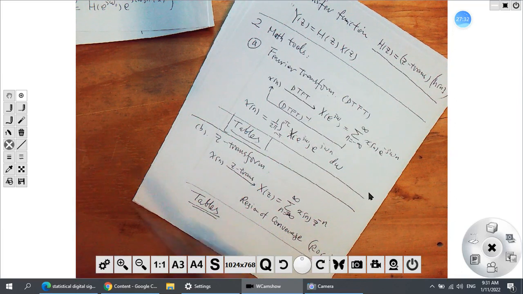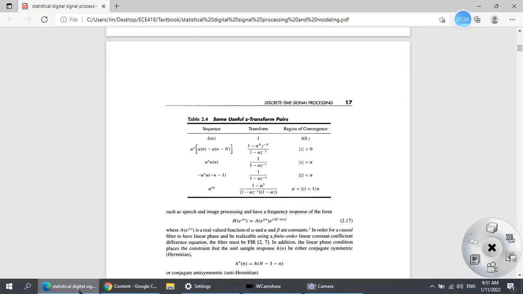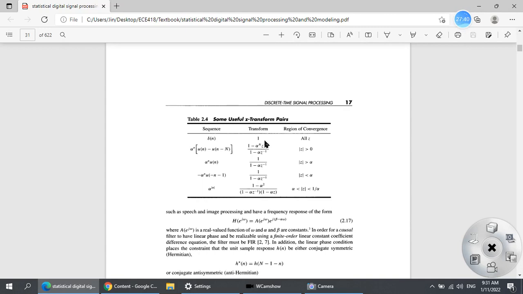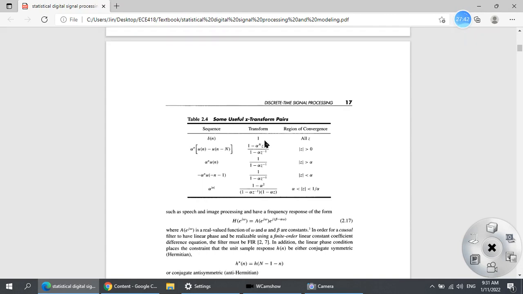And then that table, table 2.4. Let me write it down. Table 2.4. Tables 2.1 to 2.4 in the textbook.